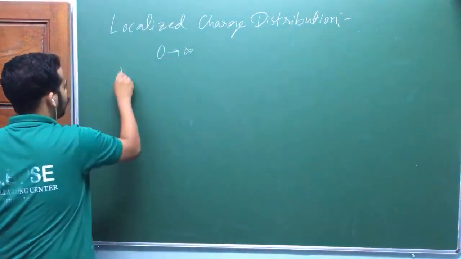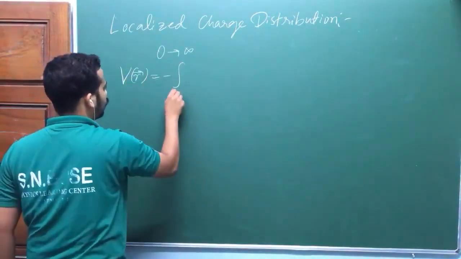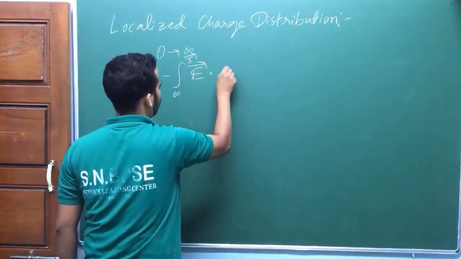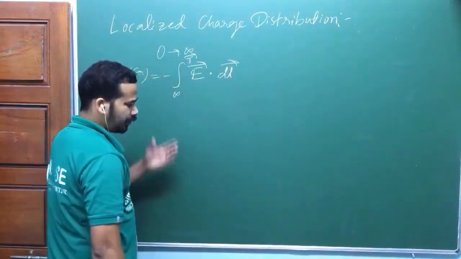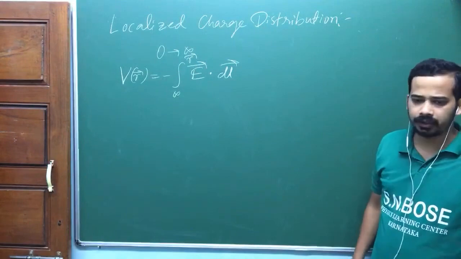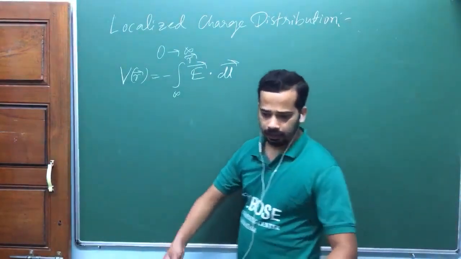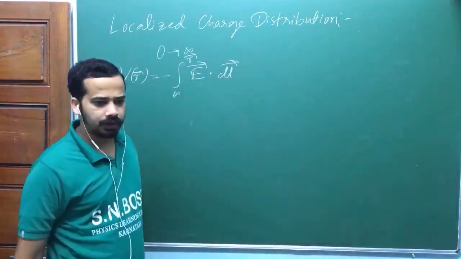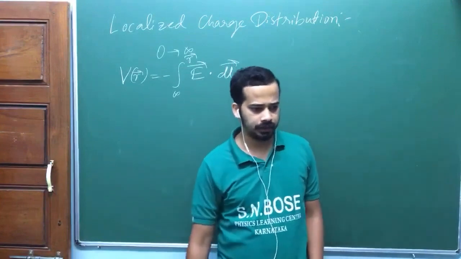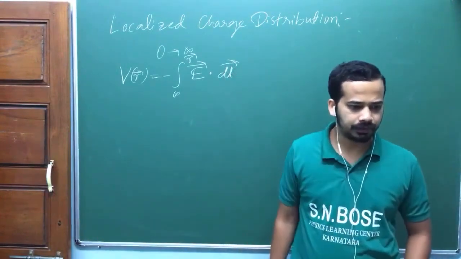We define V of r as the negative integral from infinity to r of E dot dl. But if we know the electric field, why do we go for finding the potential? We need to find an alternate way to find the potential. Earlier, in yesterday's problems, you found the electric field first, then line integrated from infinity to some point and found the potential.